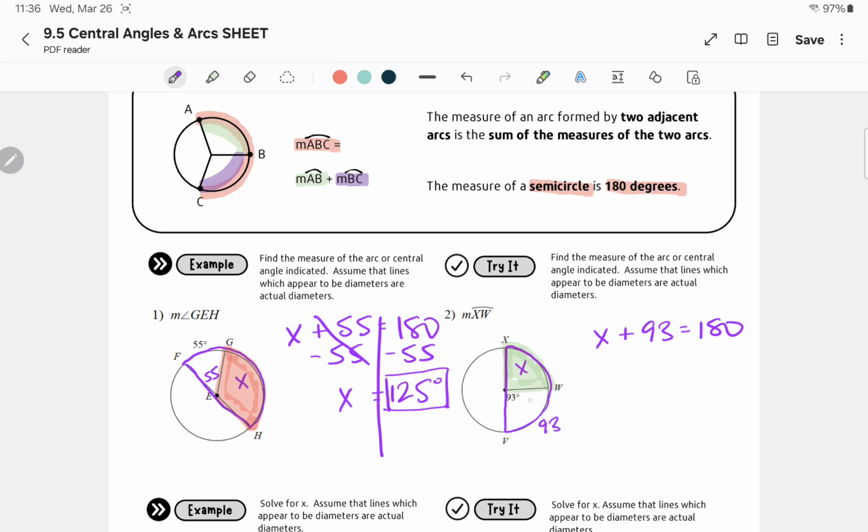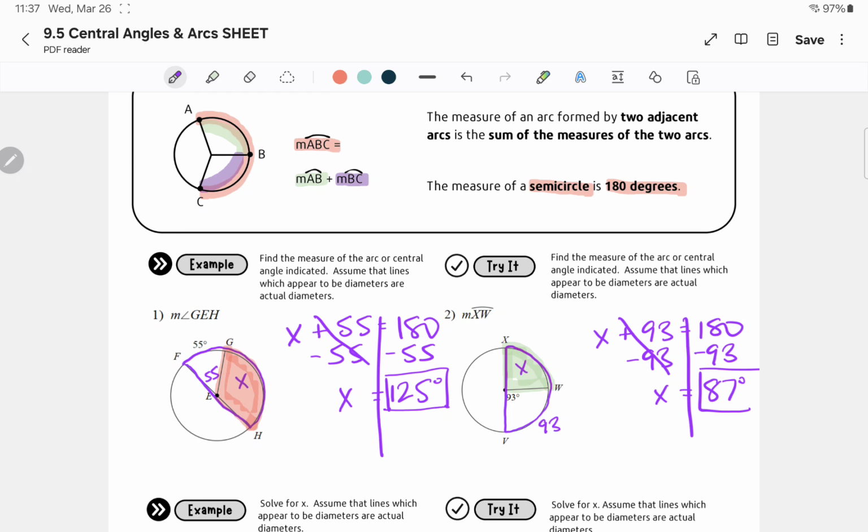So like this whole pie piece here is 93. So X plus 93 is equal to 180. Okay, I'm going to go ahead and subtract 93. And 180 minus 90 is 90. Come down 3 more is 87. So my answer is 87 degrees.